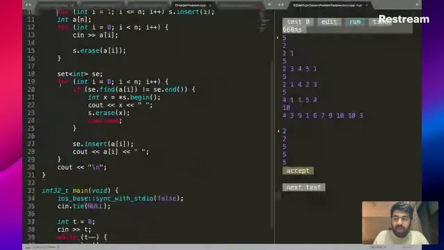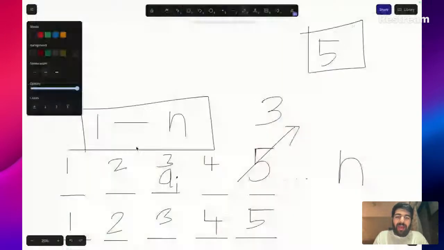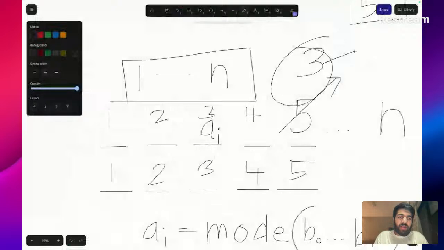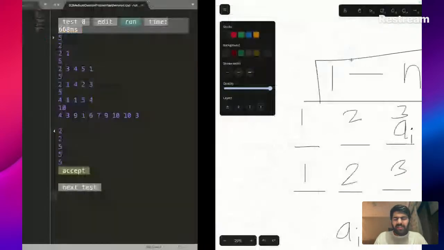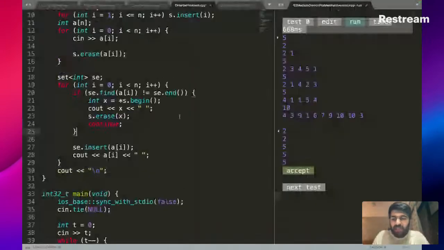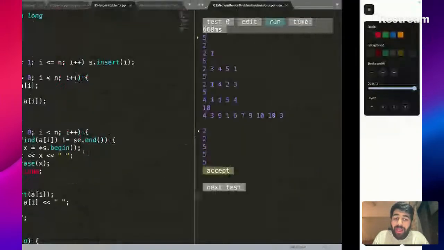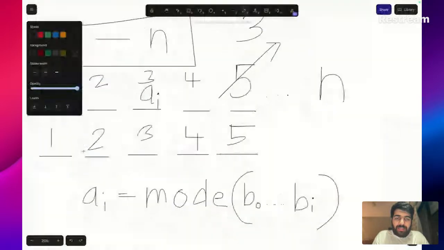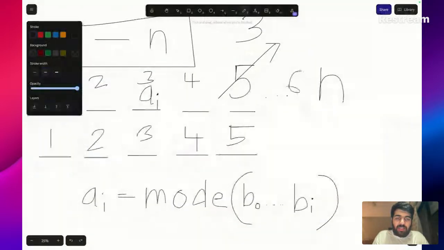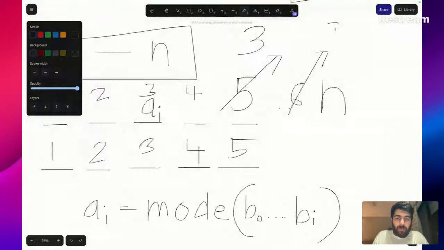Now I have another set, that is if I have already used this number 3, you can maintain a frequency array, visited array, whatever you want. I'm just maintaining a set. So if it has been used, then use a number from set, remove it, and then remove this number. Now why removing is important? Let's assume there is another number 6 and I also replace that with 3.